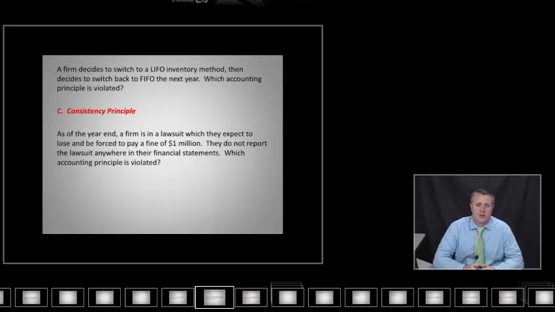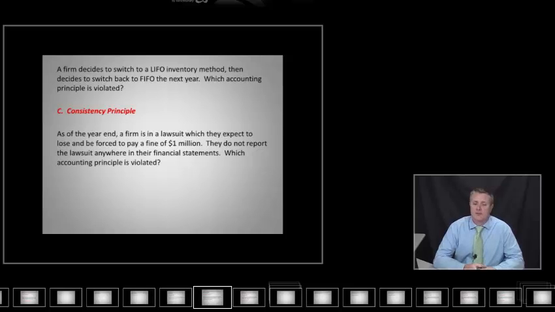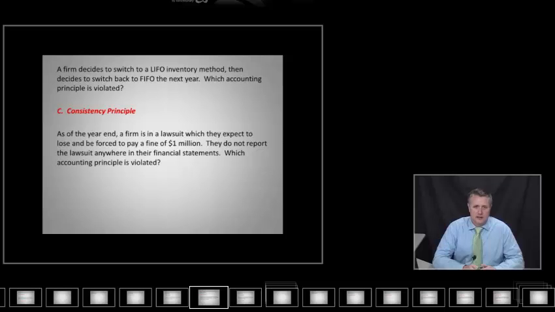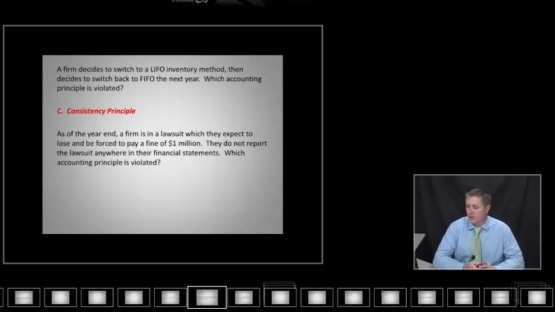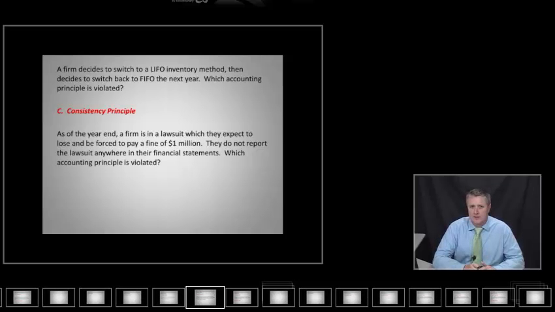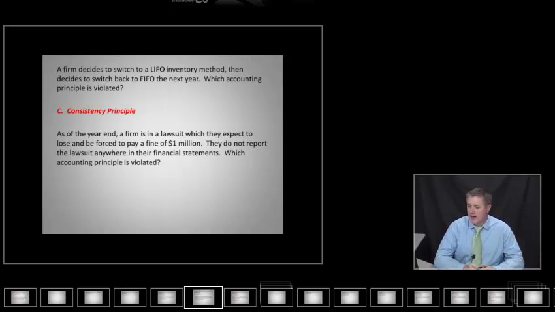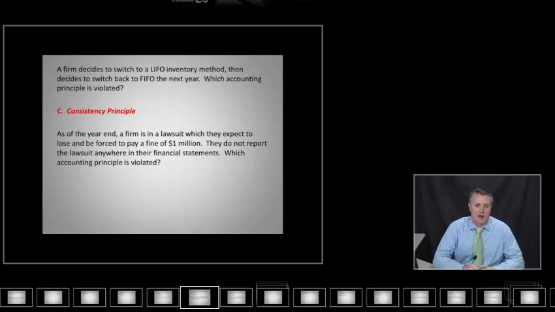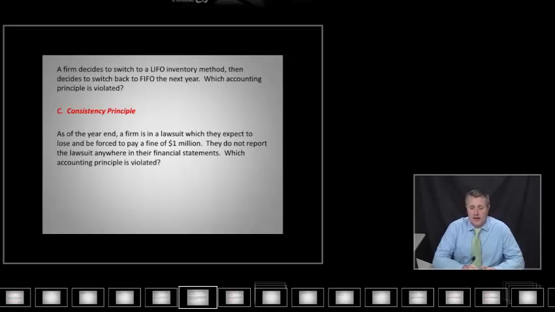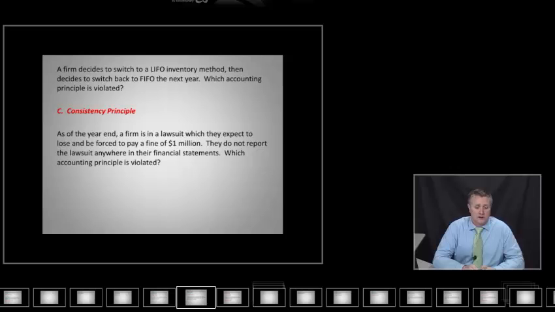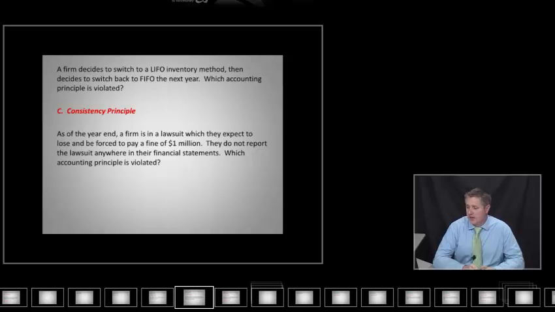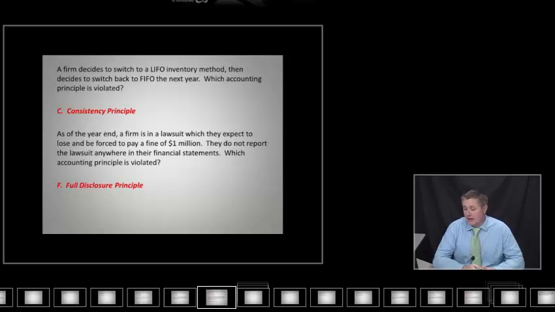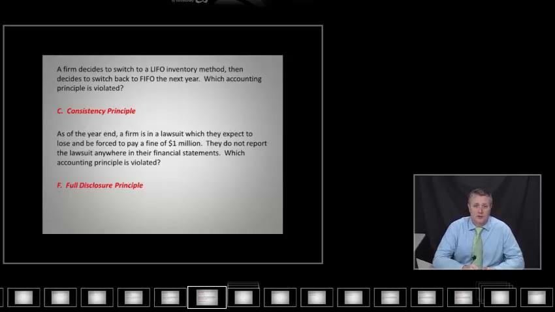Well, this is a situation where you have a potential liability, and even though the liability is not fully recognizable, there is a reasonable and probable likelihood that they will be forced to pay this fine of $1 million. So somewhere in their financial statements, it could be in the notes, this needs to be disclosed. If it's not, it's a violation of what we call the full disclosure principle.